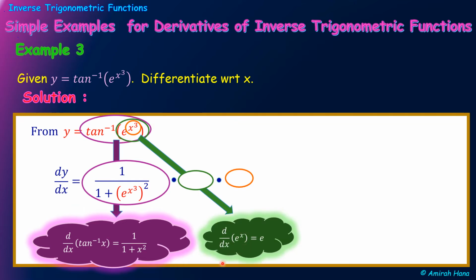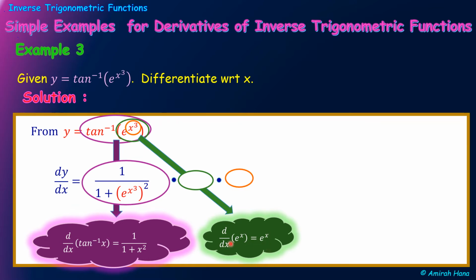So we can refer from the simplest formula under derivative of exponential function, which is derivative of e to the power of x with respect to x, and the answer equals e to the power of x.